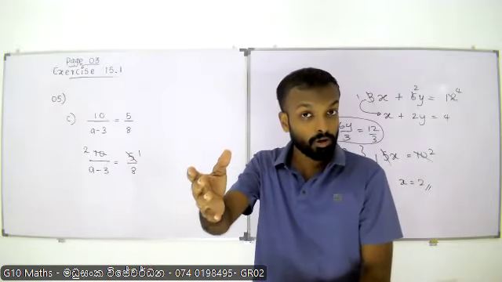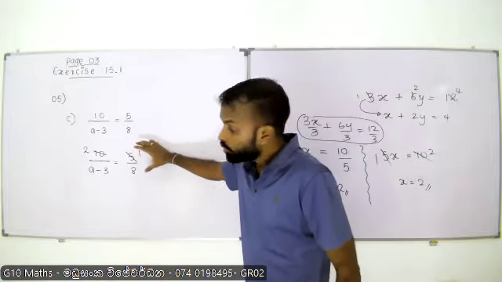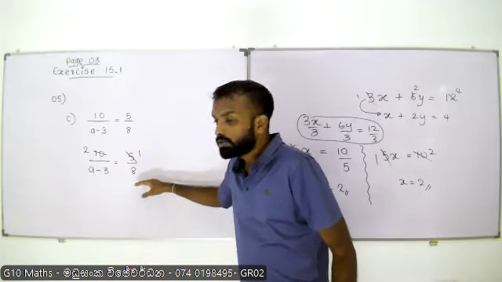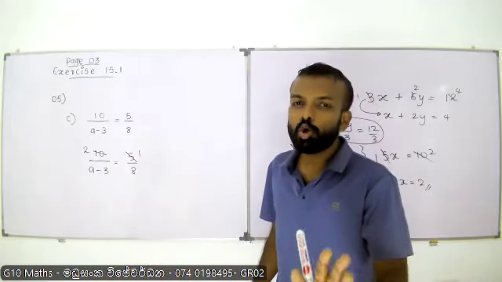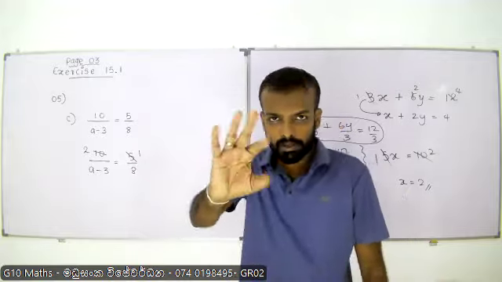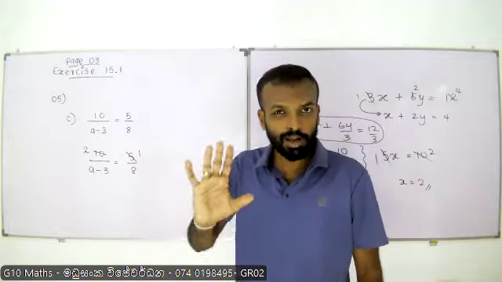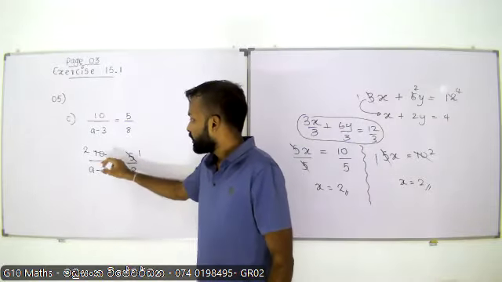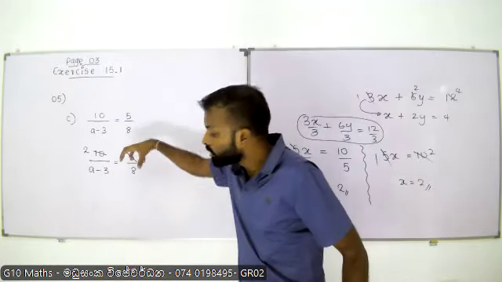And in the next step, you no need to rewrite 2 upon a minus 3 equals 1 upon 8. Actually, no need to do that. If you can understand this properly, you may cross multiply the values on the spot.